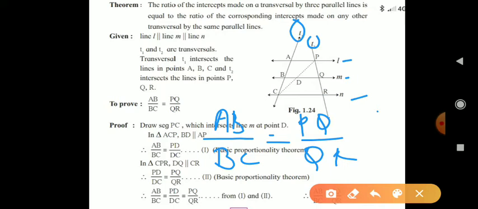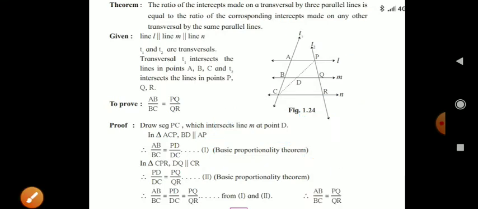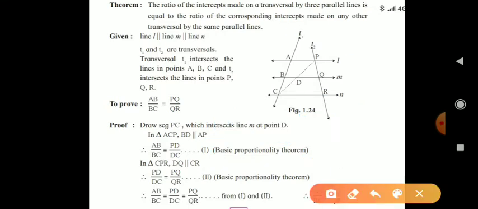Okay, so this is the theorem. When there are three parallel lines and they have transversals, the two transversals have the same ratio of intercepts. Now see the given in the theorem: line L is parallel to line M, and M is parallel to N, and T1 and T2 are transversals.